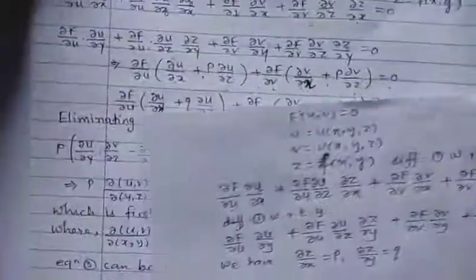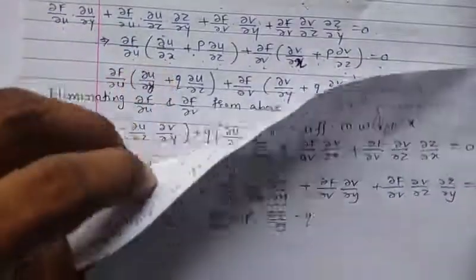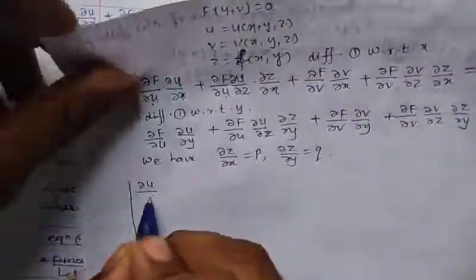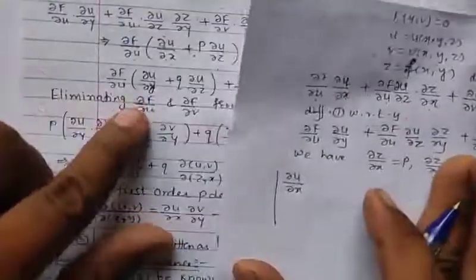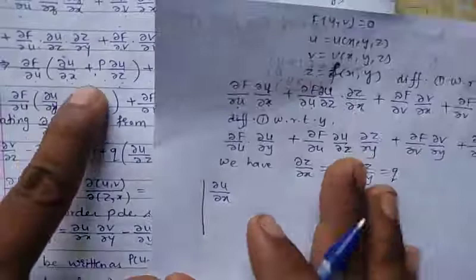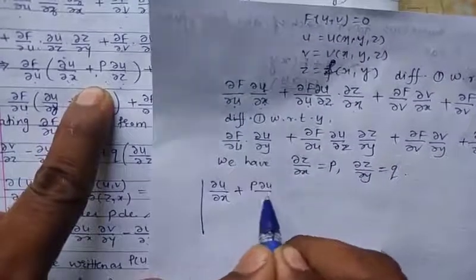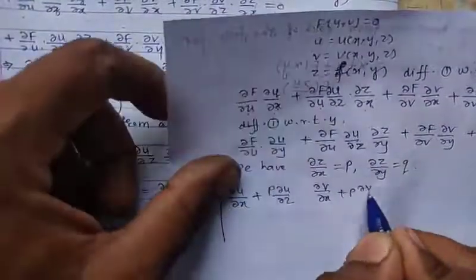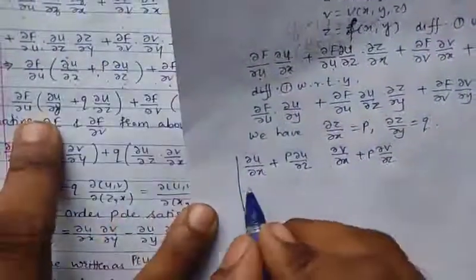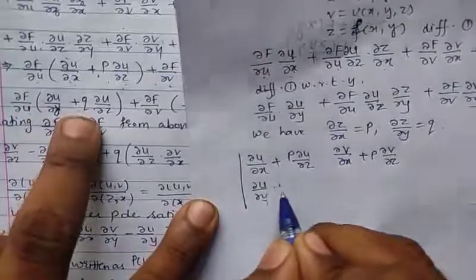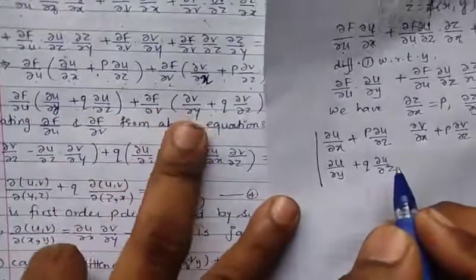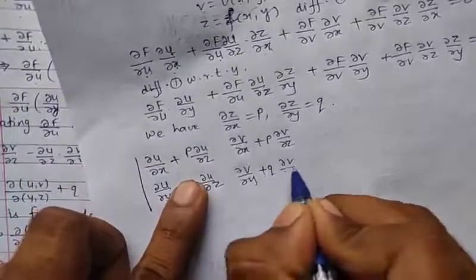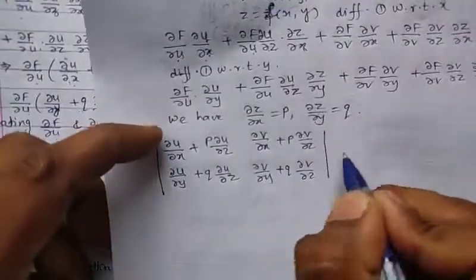First term is ∂u/∂x plus p ∂u/∂z, and the second is ∂v/∂x plus p ∂v/∂z. Okay, next row is ∂u/∂y plus q ∂u/∂z, and ∂v/∂y plus q ∂v/∂z, which is equal to 0.